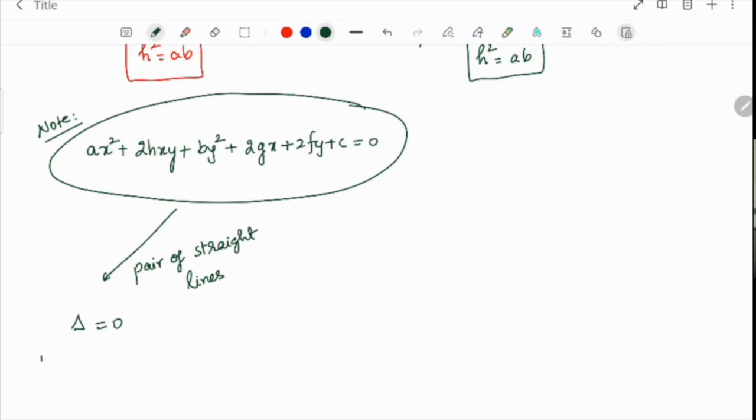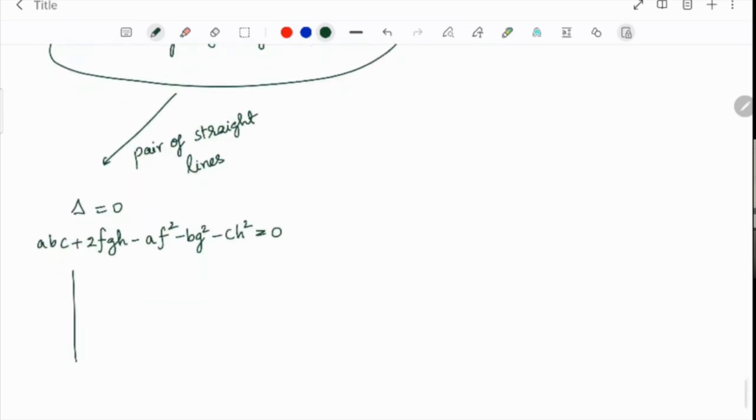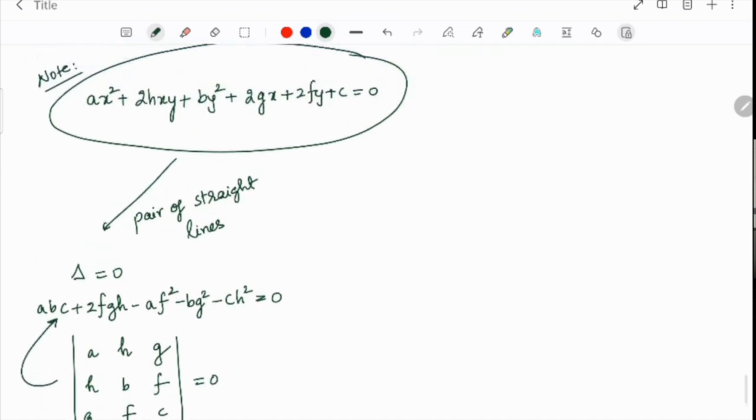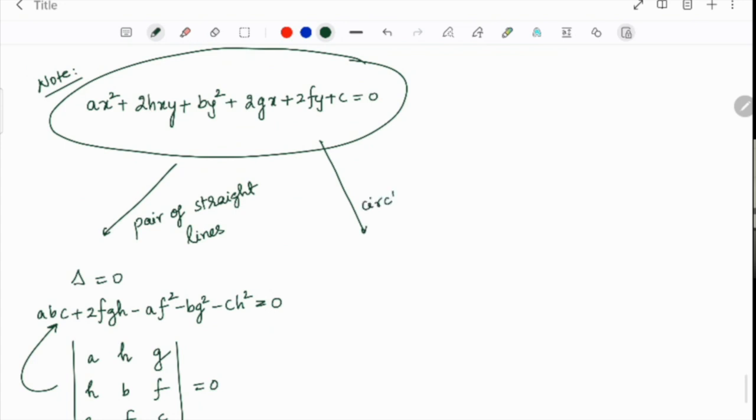What is delta? abc + 2fgh - af² - bg² - ch². One more way to write this is in determinant form, like this. If I expand the determinant, we get this. When does this represent a circle? When delta is not equal to 0.